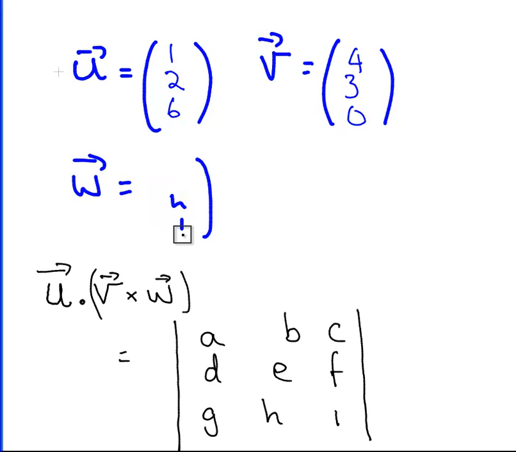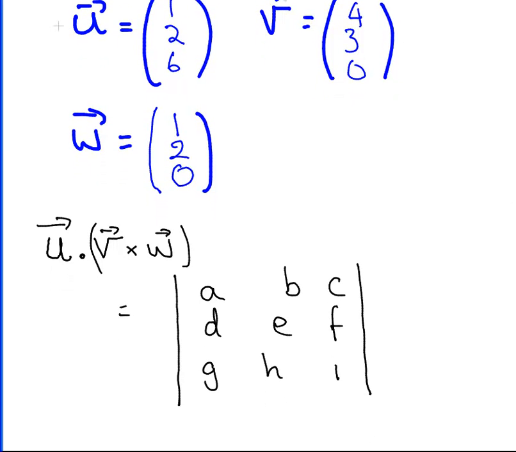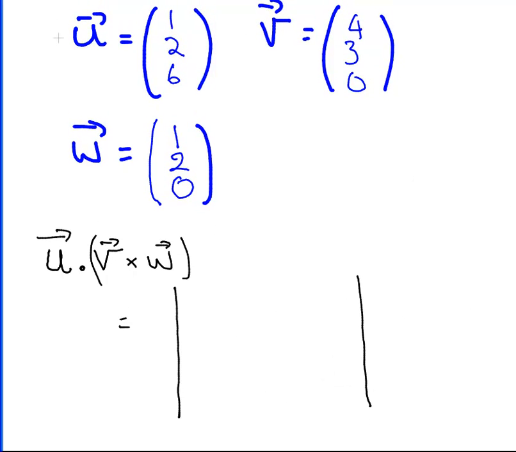And let W equal 1, 2, and 0. That is our matrix. Let's write it out: the top row is U, so that's 1, 2, 6. Then 4, 3, 0, and 1, 2, 0.